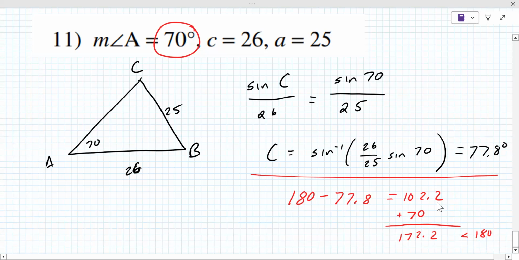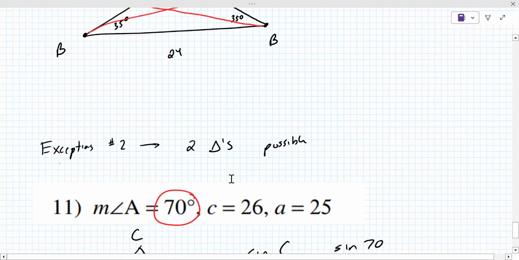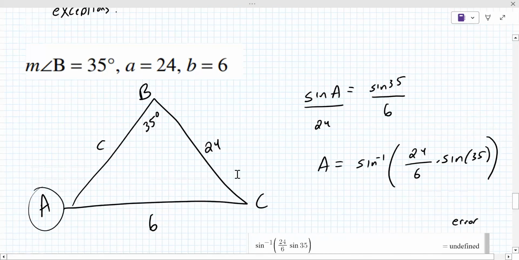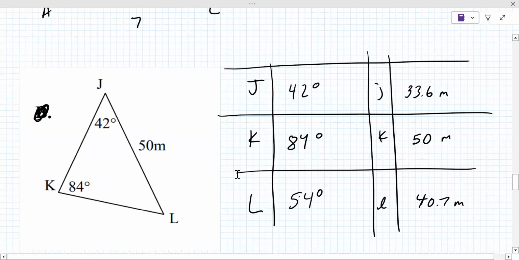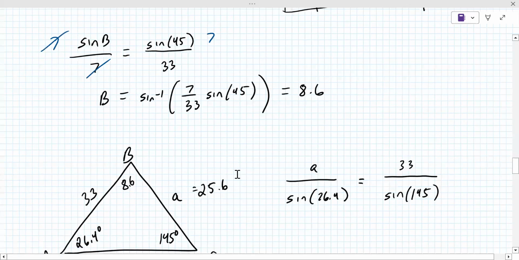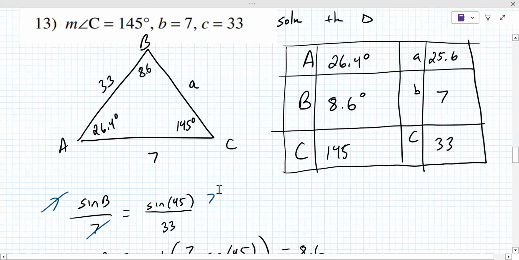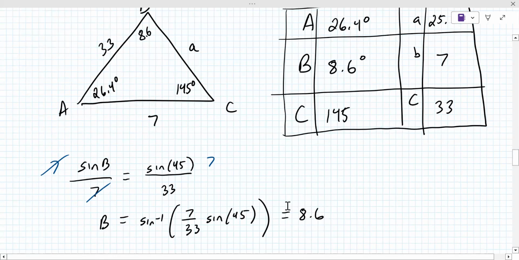Okay. Now, that was a lot to take in. So let's go back and look at some previous problems and see why they didn't have two triangles here. That was the exception here. When we found angle B, if you remember, B was 8.6.